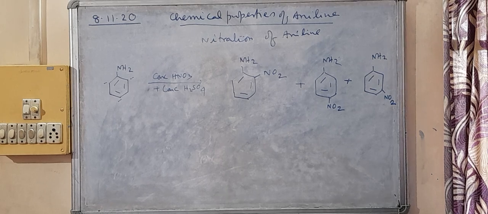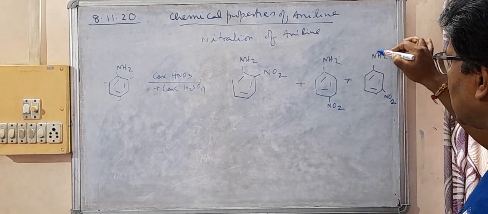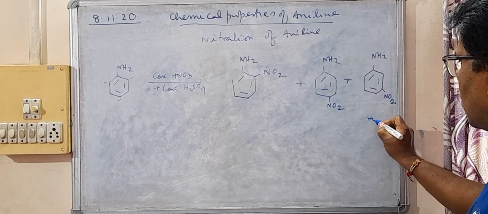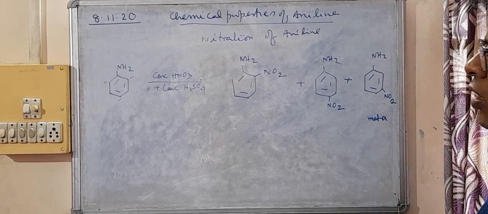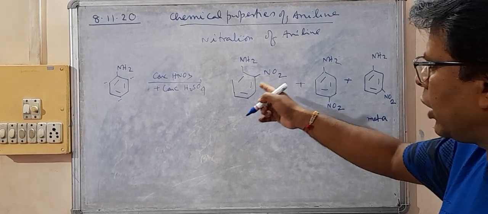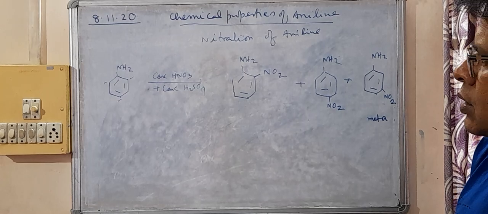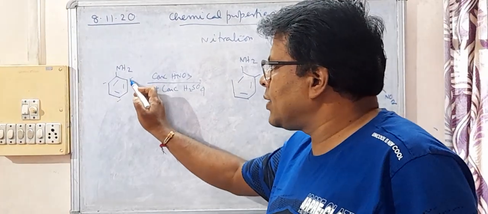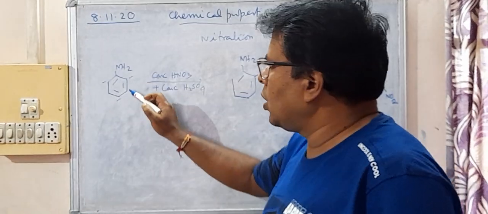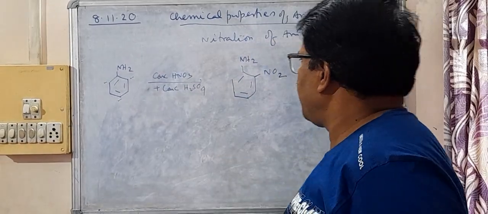So we need to explain here why we get the meta product. We will get the ortho product and the para product, that is quite certain, because there is more electron density at the ortho and para positions, which we understand by drawing resonance, that has already been done.